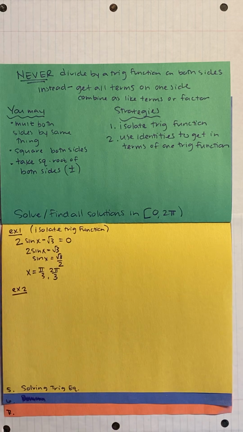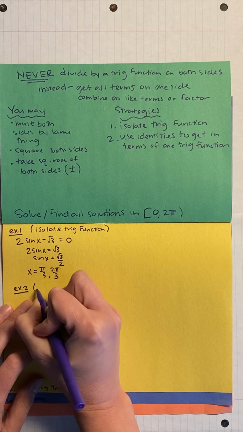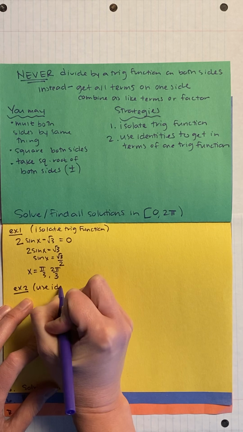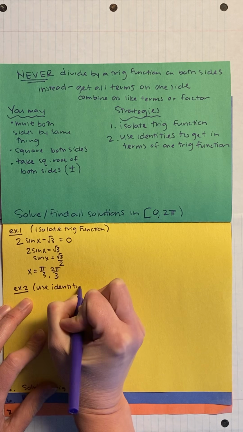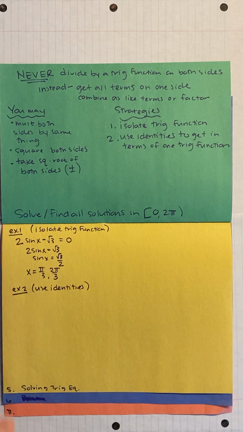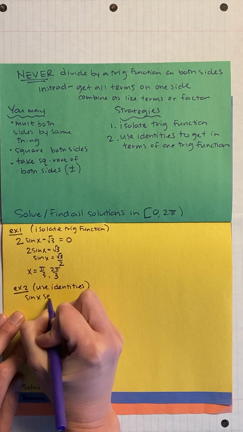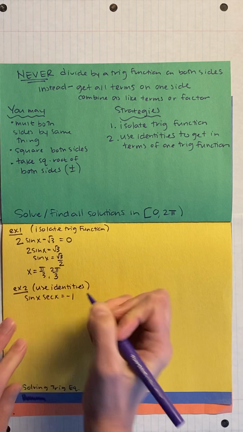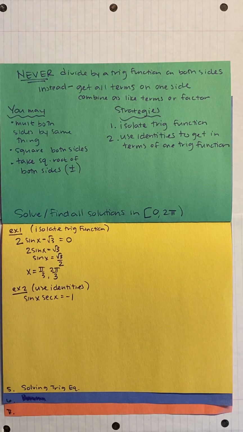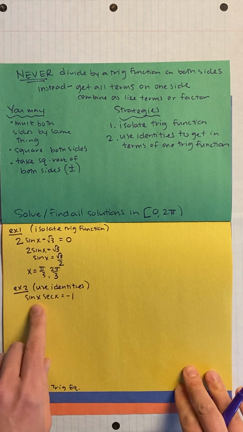The second example that we're going to look at is an example of using identities. And this example is sine x times secant of x is equal to -1. You can see here that we don't have all the same trig function, so it's going to be really helpful to switch these out.